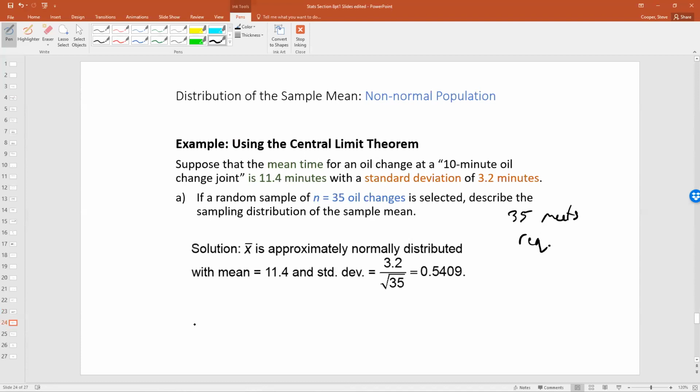So we're going to keep the same mu of 11.4, but we're going to calculate sigma for our x bar of 3.2, the old standard deviation, divided by the square root of the n equals 35 sampling size. Okay, so that's 0.5409.